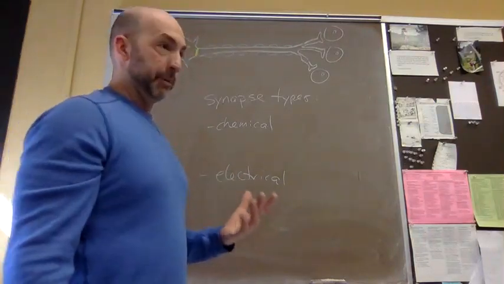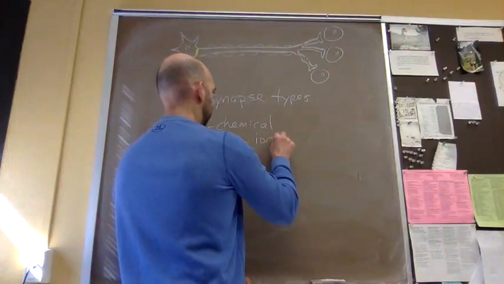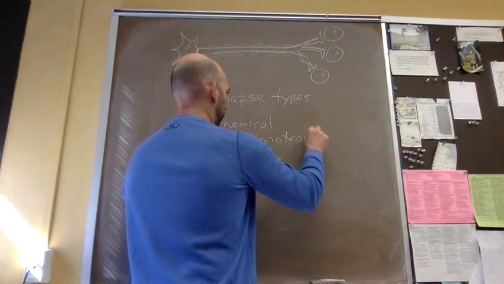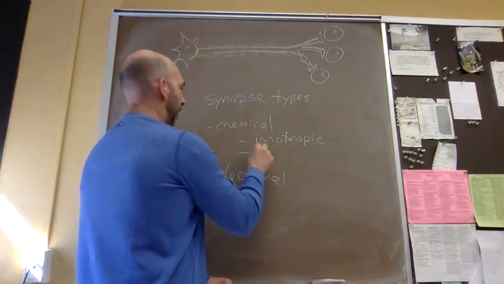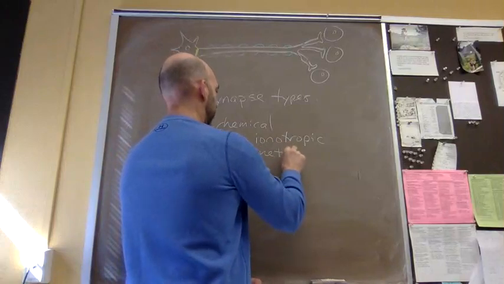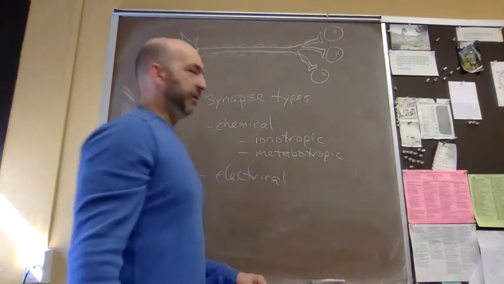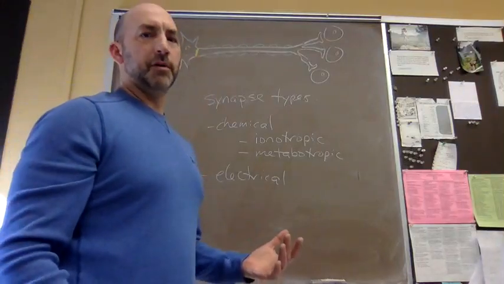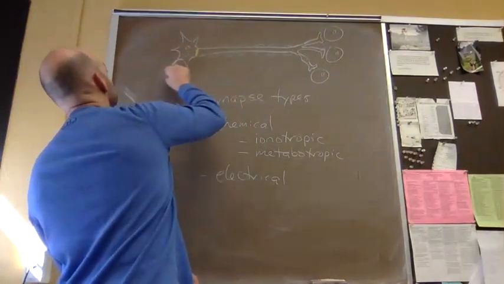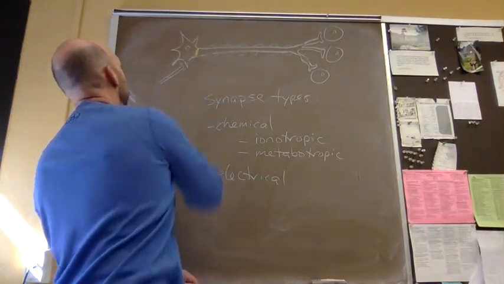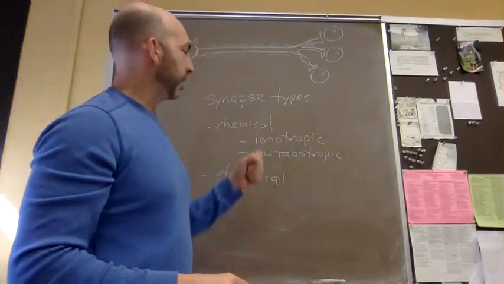They can be broken up into essentially two categories: ionotropic chemical channels and metabotropic. Now, what we've focused on so far, when we talked about input at this end of the cell, EPSPs and IPSPs, we were talking about ionotropic chemical channels.